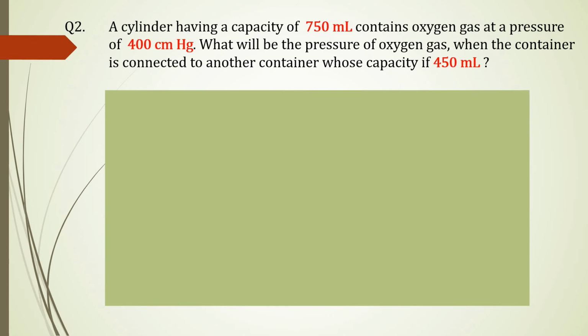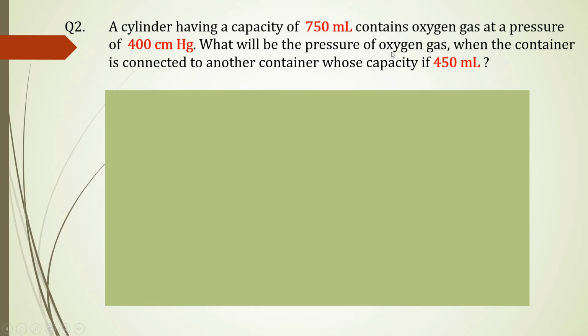So here nowhere in the question is it mentioned that the volume of the gas is so much. Here the volume of the cylinder is given, and that volume of the cylinder will be the volume occupied by the gas. So this is the initial volume of gas, and 400 centimeter of mercury is the initial pressure. Now the second part of the question says, what will be the pressure of oxygen gas?